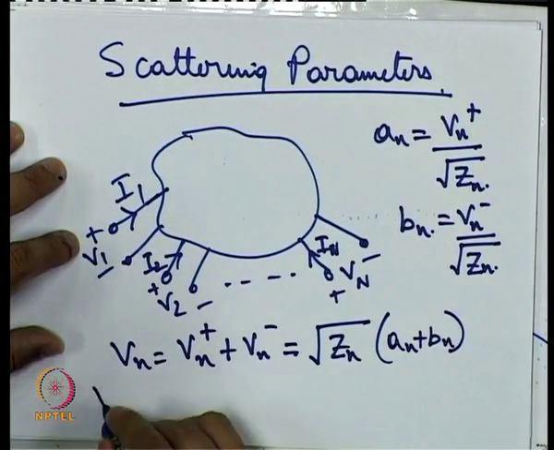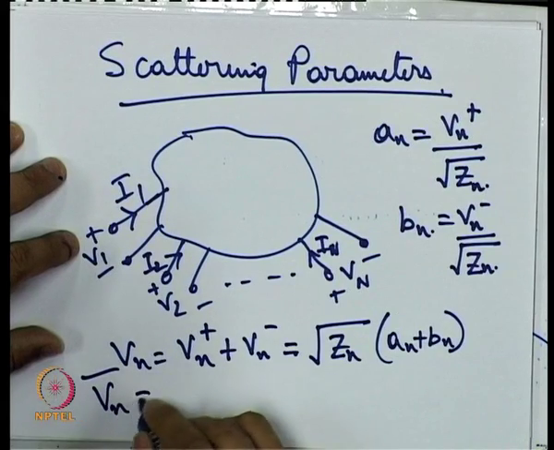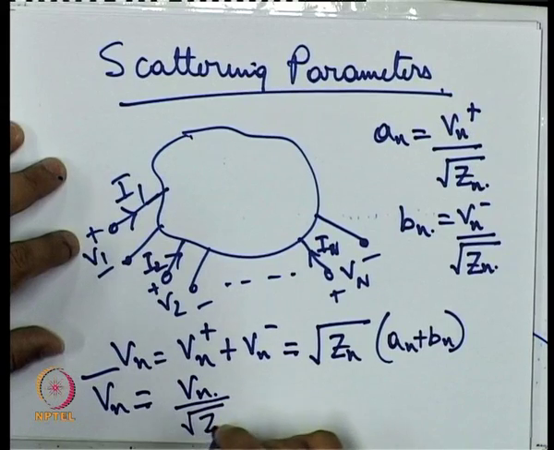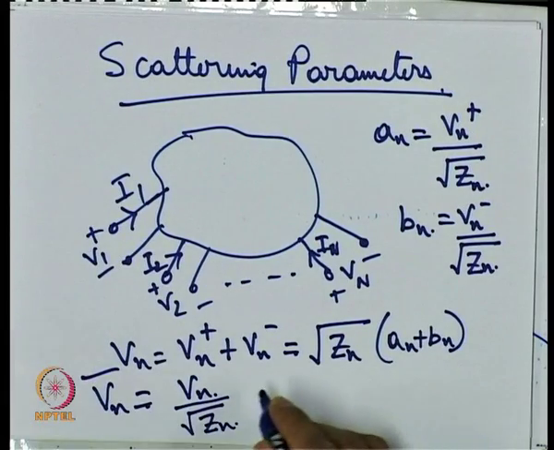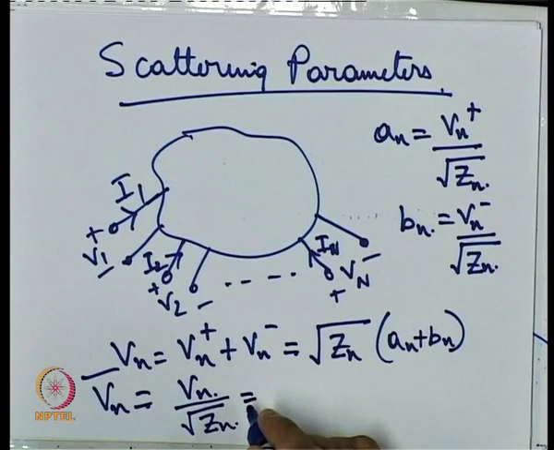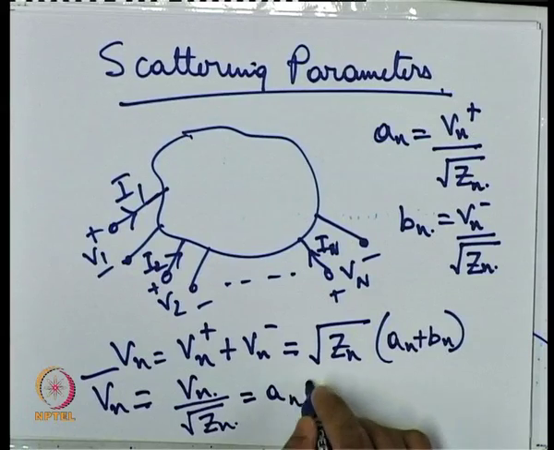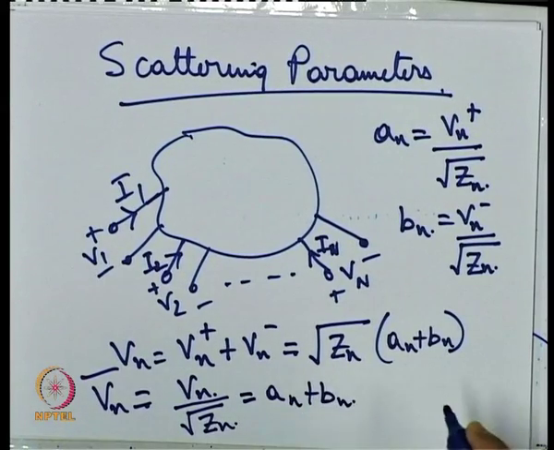And then we also know that the normalized voltage at any port is given in terms of the actual voltages as shown. So then this can simply be written as An plus Bn.